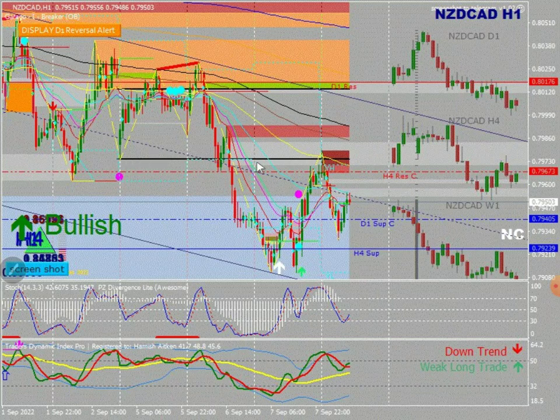Also, we have this psychological level, this black line here, being used by PTM. It is shown at the beginning of the week to show you the first 8-hour candle.